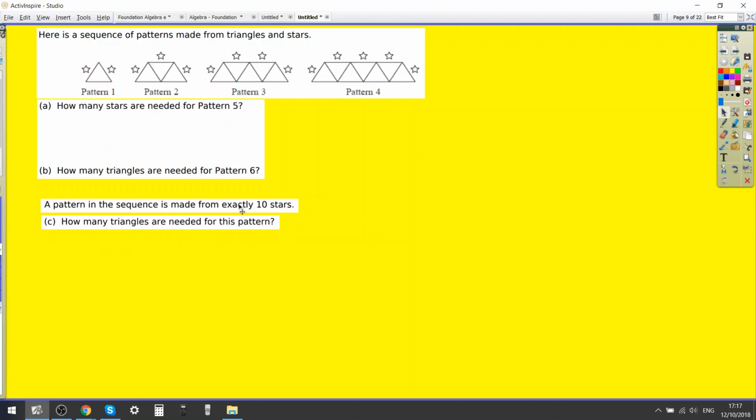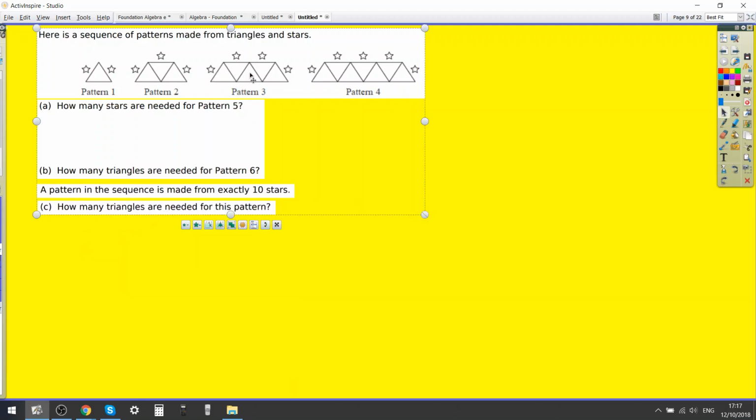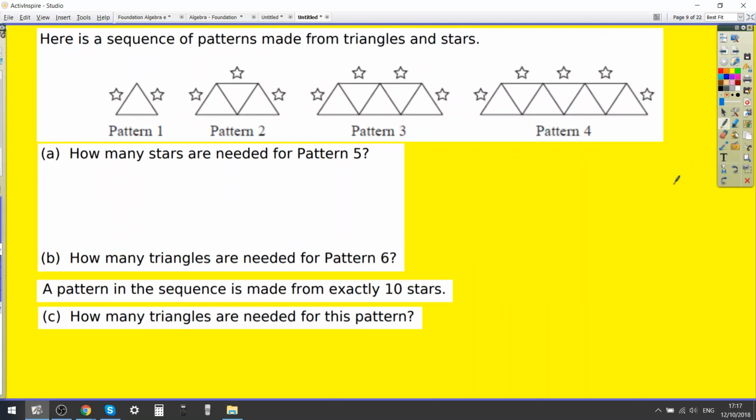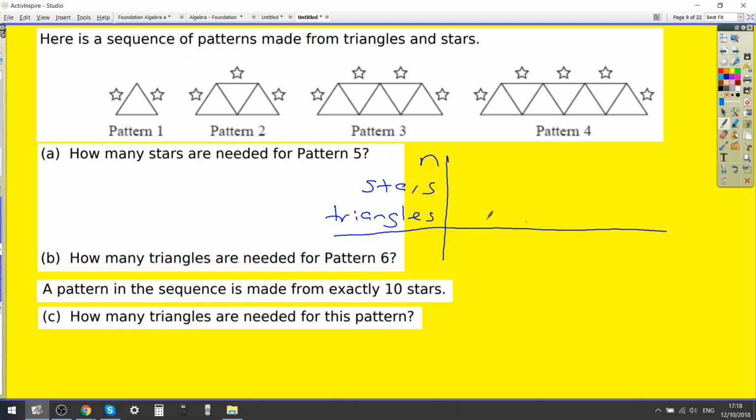Okay, let's try this. How many stars will we need for pattern 5? 6. Okay.